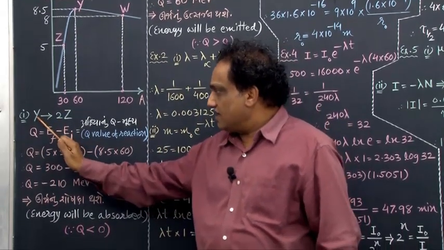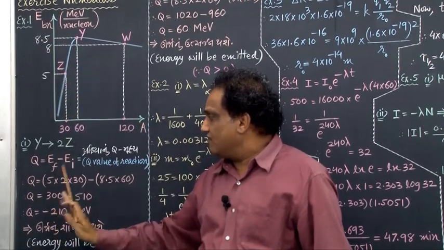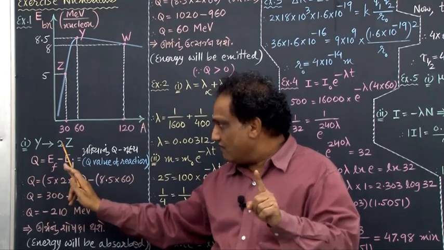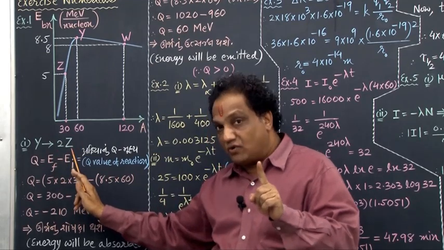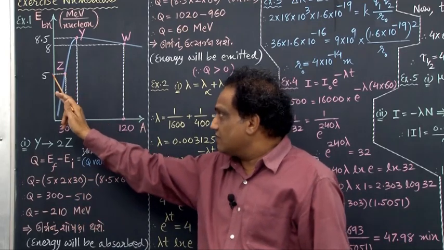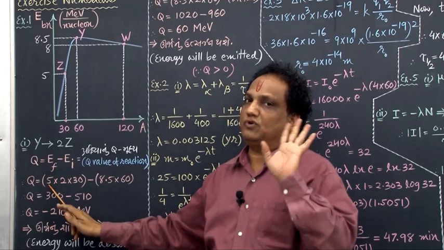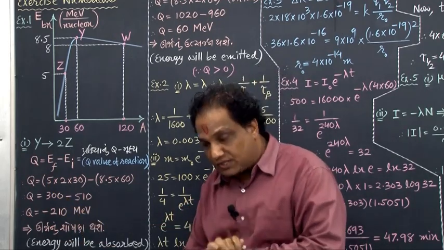For Y nucleus, what is binding energy per one nucleon? It is in the final condition, you are looking for final condition. Finally means this, correct? And finally which nucleus you have? Z nucleus. For Z nucleus, what is binding energy per one nucleon? It is 5 million electron volt, correct? And multiplied by total number of nucleons.